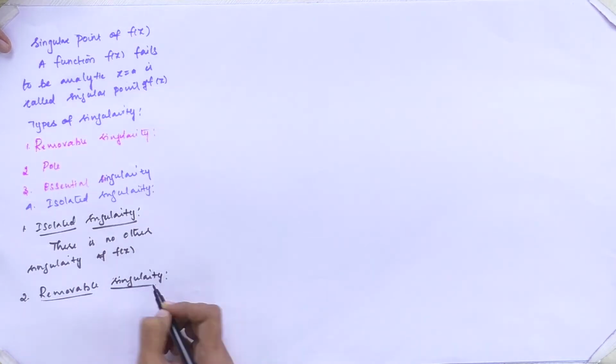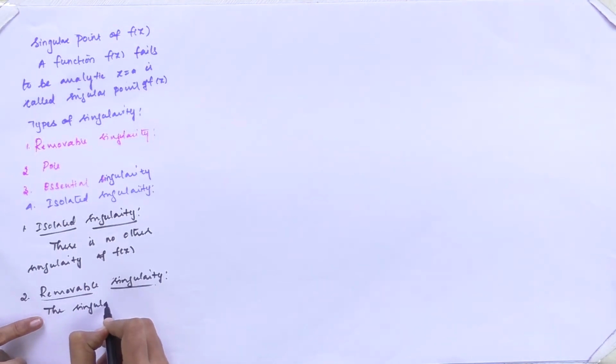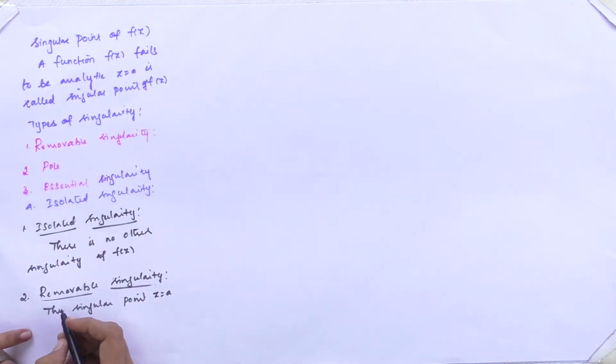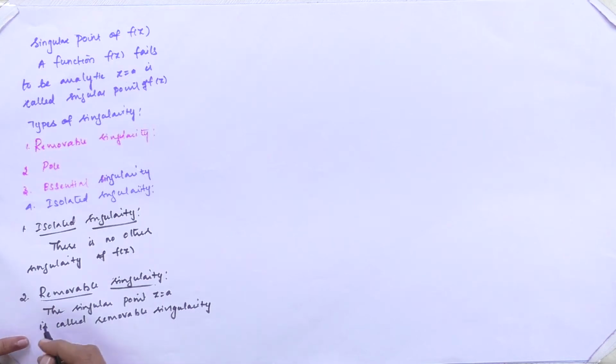Removable singularity. The singular point z equal to a is called a removable singularity, or removable singular point, if the limit as z approaches a of f of z exists.